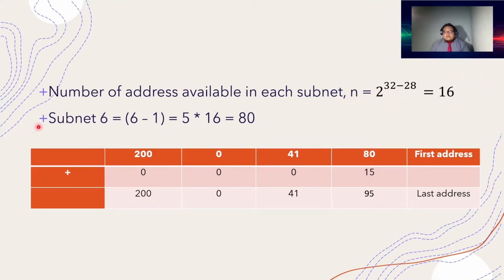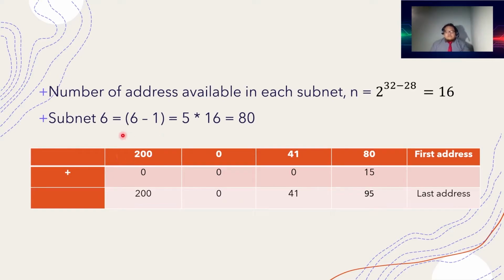And in this case, we are using subnet 6 because we are going to continue the numbering from before. In subnet 3, we used number 5 as the starting point, and here we continue because the number of addresses in each subnet is the same, the wildcard is the same, and the CIDR is also the same. That is one of the reasons why we continue with 5, 6.